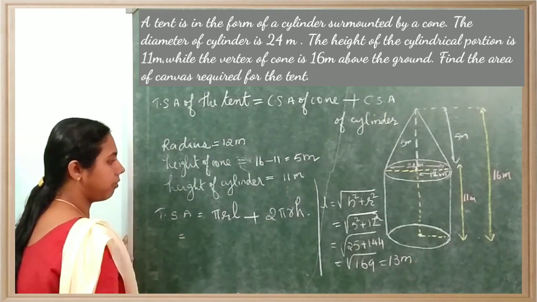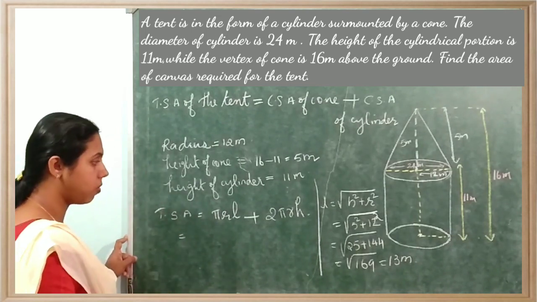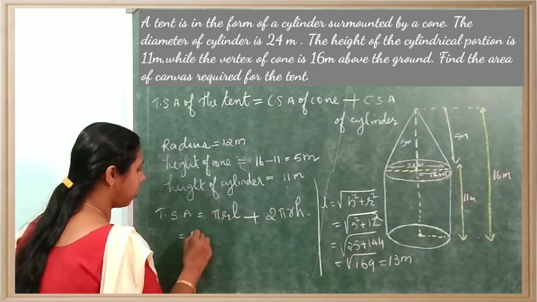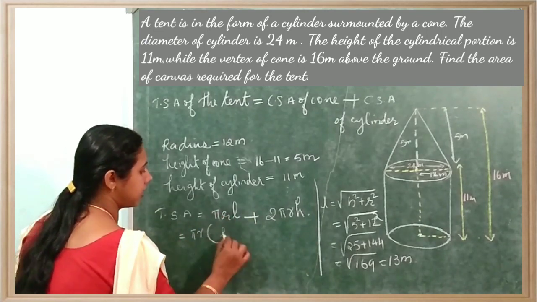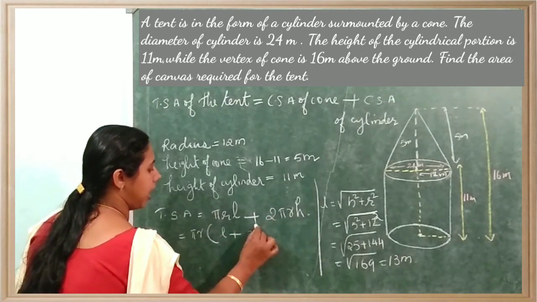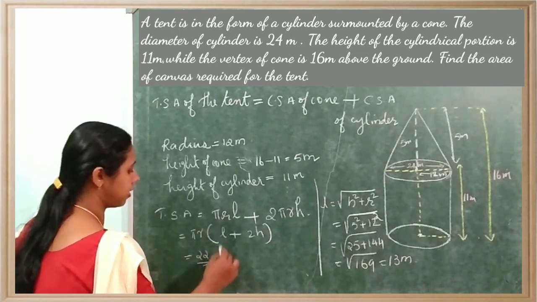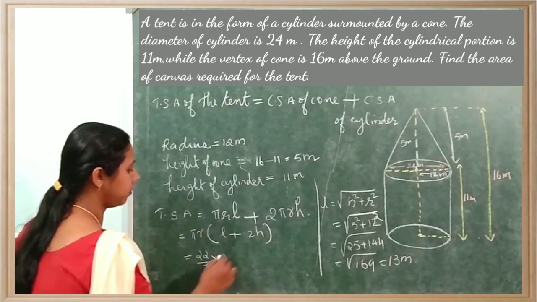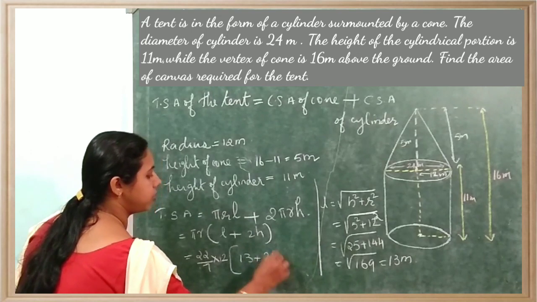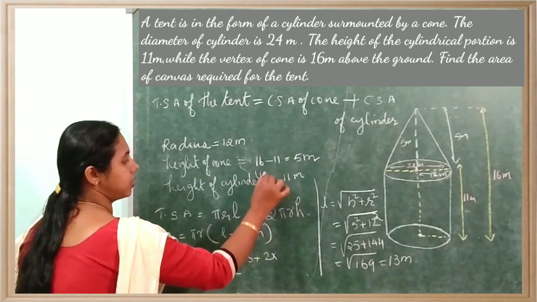Now we can substitute the values here. Pi value you can substitute 22 by 7 or 3.14. First, it is better you take pi r common, you can take it out. Then what is inside? Slant height plus, pi r is taken out, then 2 into h. So 22 by 7 into radius, which is 12, into slant height 13 plus 2 into height of the cylinder. h is representing the height of the cylinder.